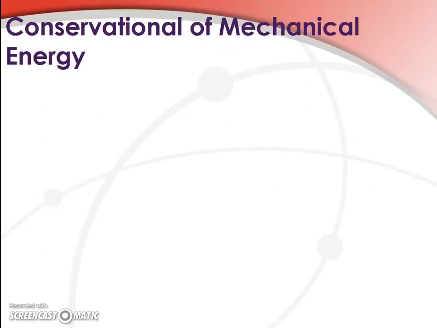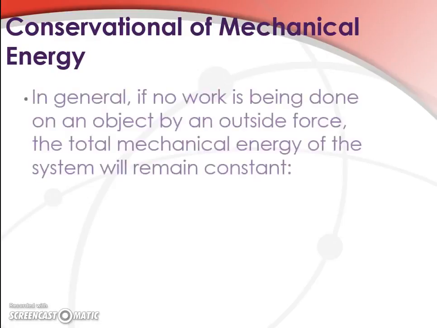And actually, this is an illustration of our huge concept for today, conservation of mechanical energy. This key concept is really pretty simple. If we don't do any work on an object using an outside force, the total mechanical energy of the system is going to remain constant.